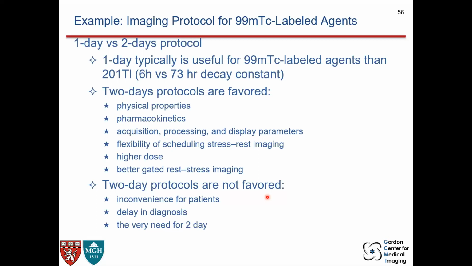If there is a 2-day imaging, if there is something critical in the first day of stress testing, then you don't want to wait until the second day, or third day. So typically, if there's a very critical thing that you find in the image, you don't want to have the imaging protocol stretch over 2 days.